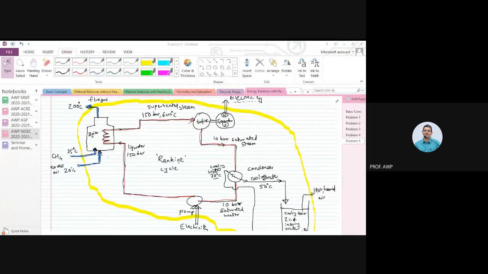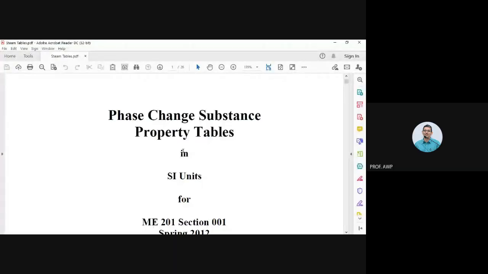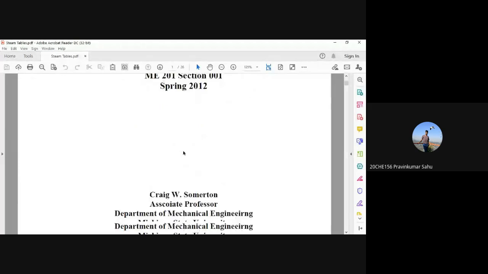So let me stop sharing this. Yeah, steam table is there. Okay, are you able to see the steam table? Yes, sir.